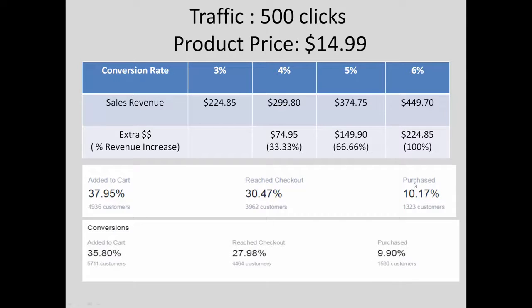You have 10.17 there, and you have a 9.9% conversion rate. If you look at this, between 3% and 10%, there is a whole lot of money that I'm making just by optimizing my conversion rate.